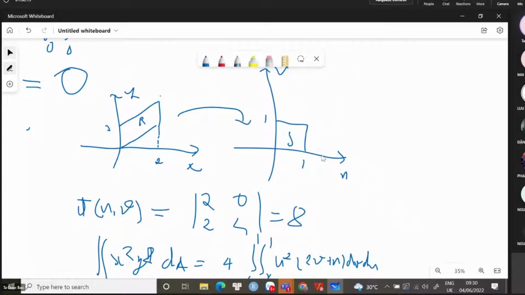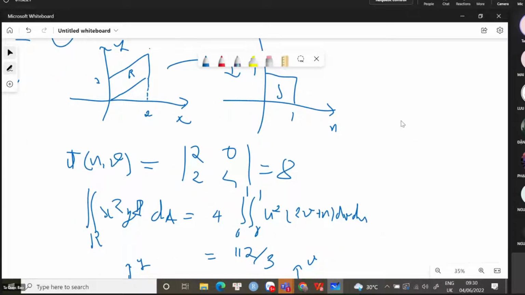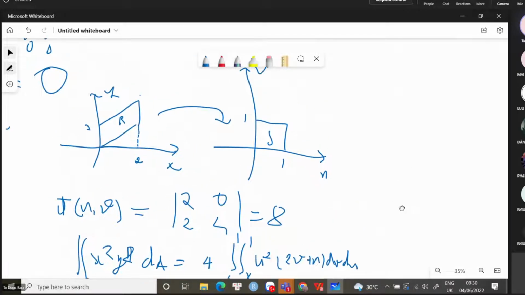So in this coordinate system it is very easy to calculate. But for the transformation, we have some coefficient. We call this the Jacobian.